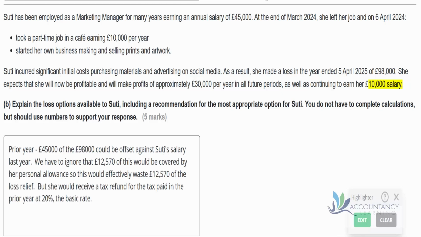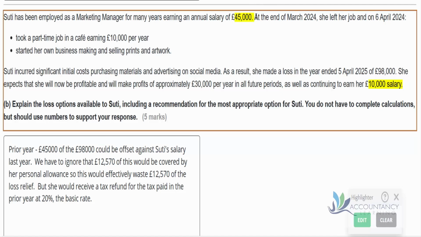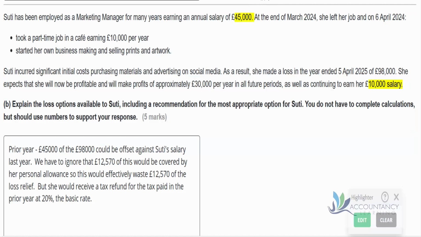The second option is that she could use loss relief in the prior year. Remember that she earned 45,000 in the prior year. So she could use 45,000 of the 98,000 loss and offset it against the prior year. But remember, when we offset against the prior year, we lose the benefit of the personal allowance. Remember that 12,570 of income would be covered by the personal allowance and there'd be no tax to pay on that.